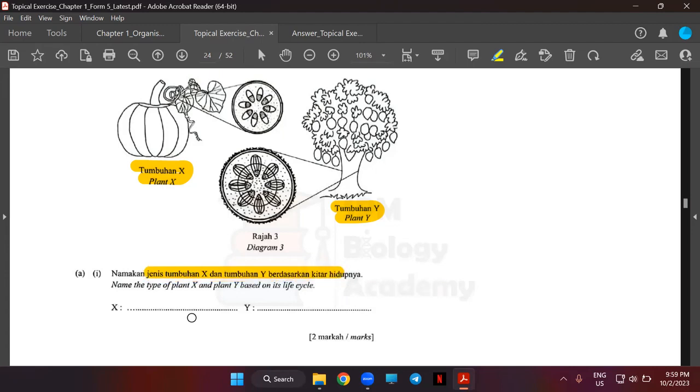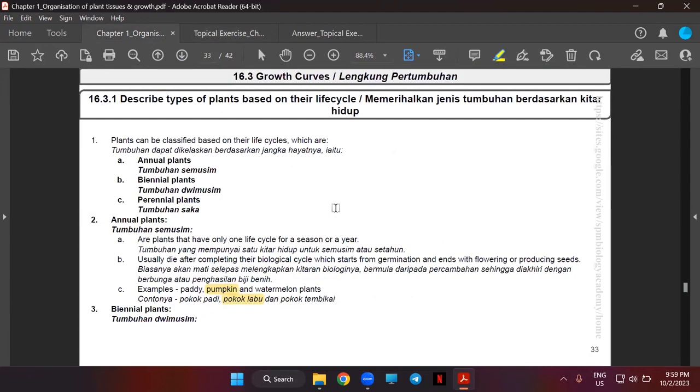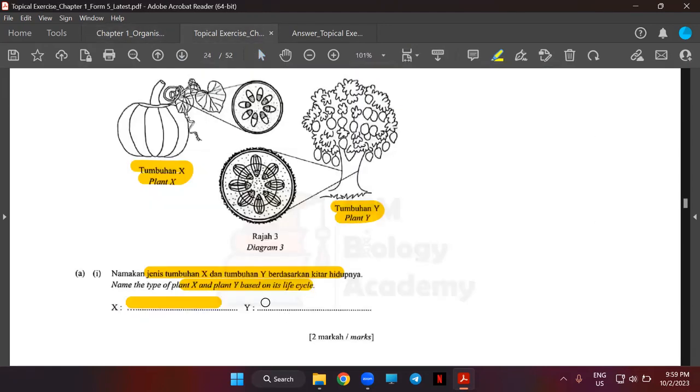Name the type of plant X and Y based on their life cycle. Okay, jadi jawapannya X, annual plant, tumbuhan semusim, dan Y, perennial plant, tumbuhan saka. You get 2 marks. That is the answer.